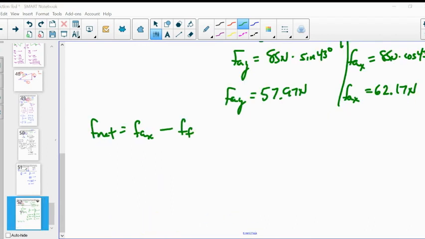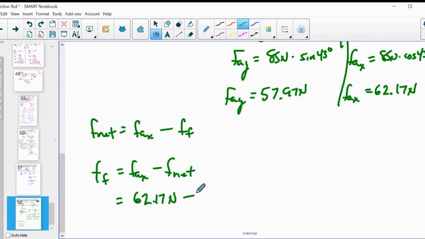From that, we can find that our force of friction is the FAX, take away my F net. So 62.17 newtons subtract 48.25 newtons gives me my frictional force, and that's 13.92 newtons. And that's in the left direction. If we want to get that written in down here, it's going to the left.